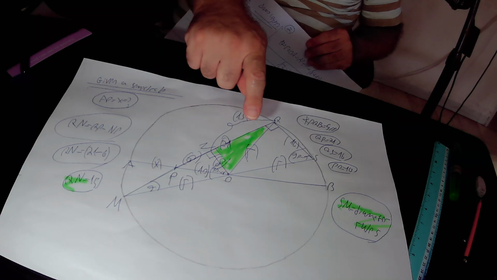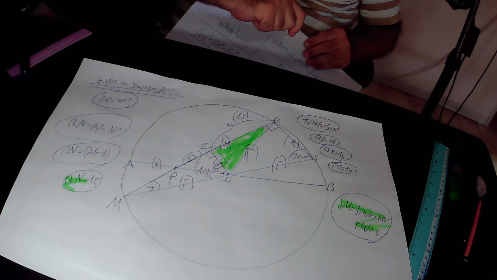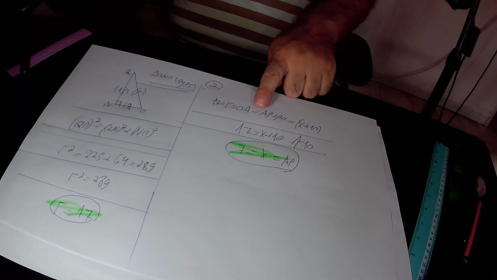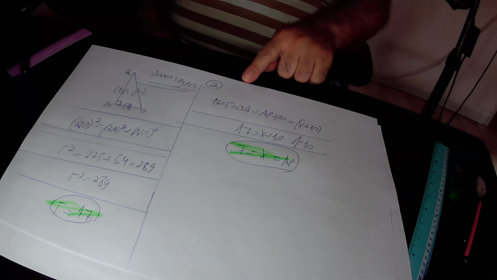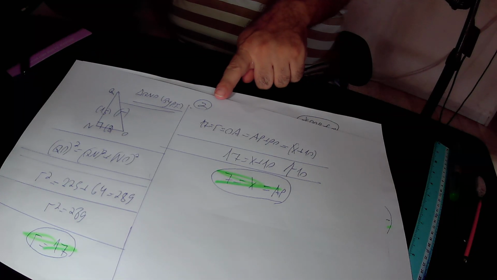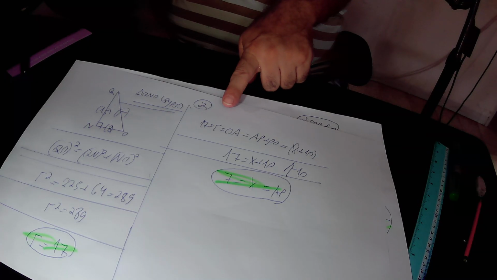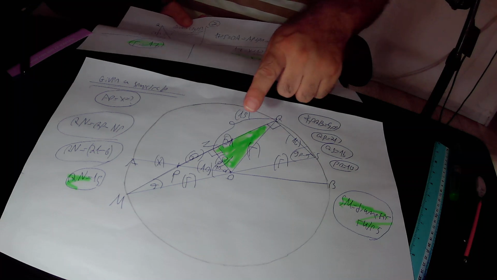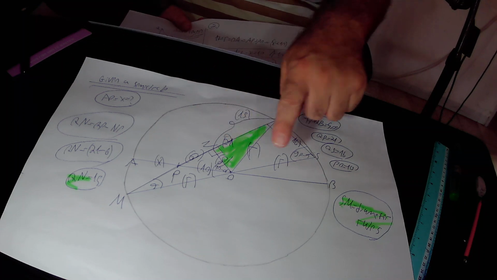We also know that OA is also the radius of this circle. So the radius of the circle R equals 17 units, and OA is also the radius of the circle. But the radius OA also equals AP plus PO.